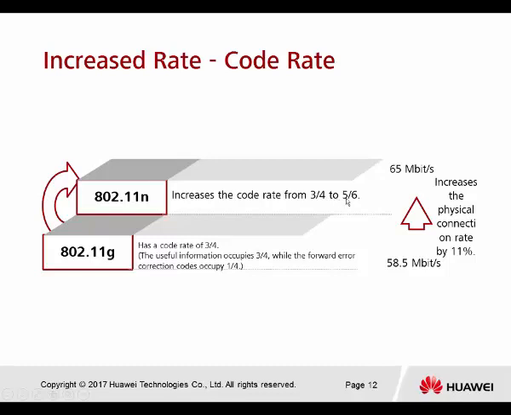Now they can use 5/6. With 5/6, that means I only reserve 1/6 for data error correction. That's all. So most of the rate I will focus on doing the modulation. This is the reason they are able to perform even faster, increasing the physical connection rate by 11%. Just now it was 58.5, and now it increases to 65 megabit per second.